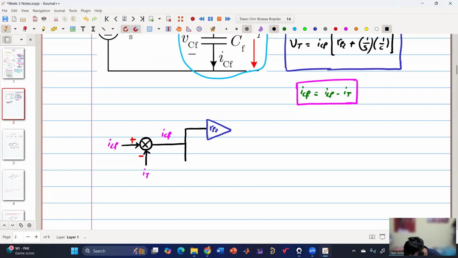Similarly, on this side we have 1 by SCF, and in the lower branch we have another block, which is the integrator, so I'm using a different color for the integrator.